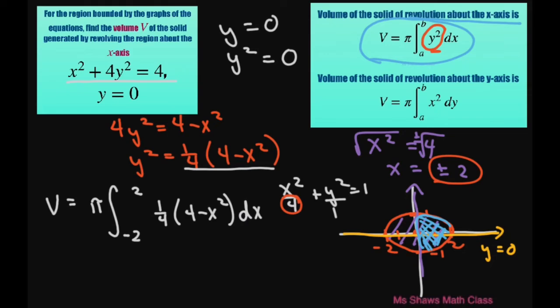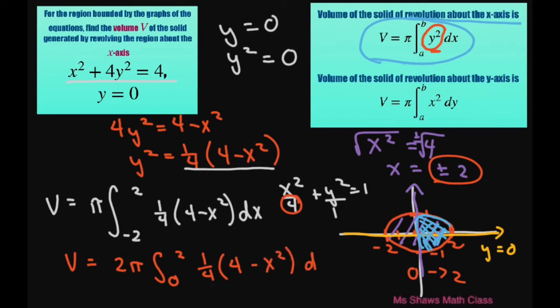So I can rewrite this, if I multiply it by 2, as 2 pi, and then just go from 0 to 2 of 1/4 times (4 minus x squared) dx.